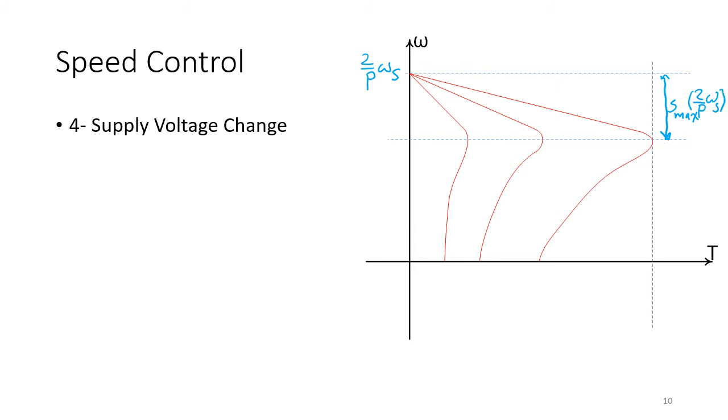But by decreasing the voltage, we are decreasing the torque. In fact, we are decreasing the flux. That's why we are not very much worried about saturation here.